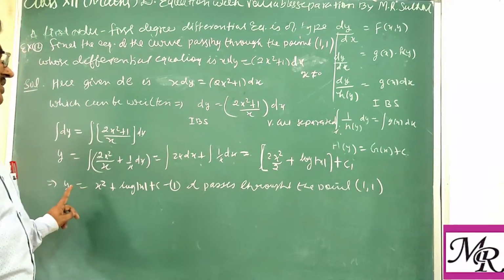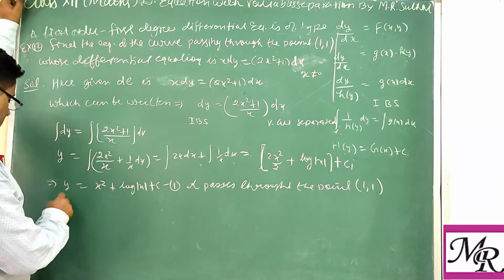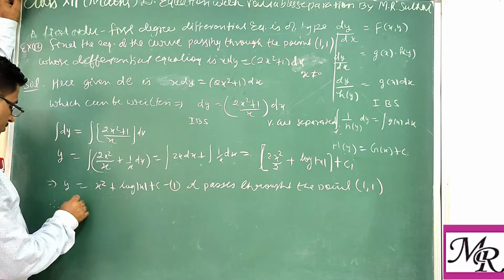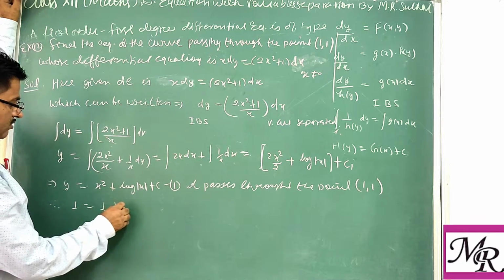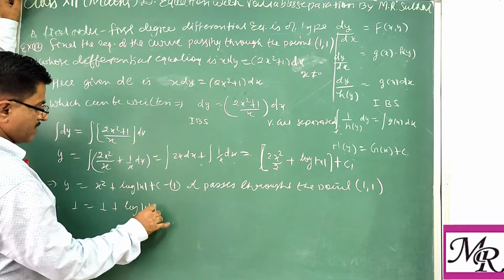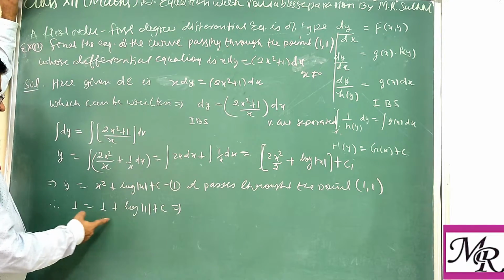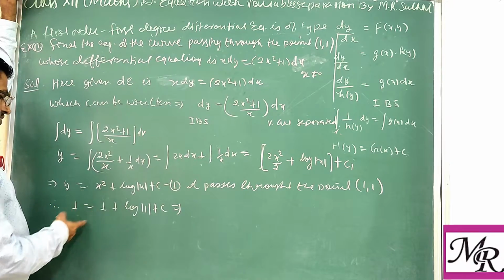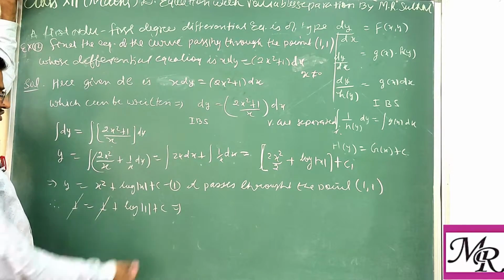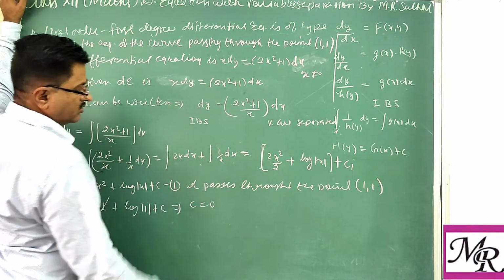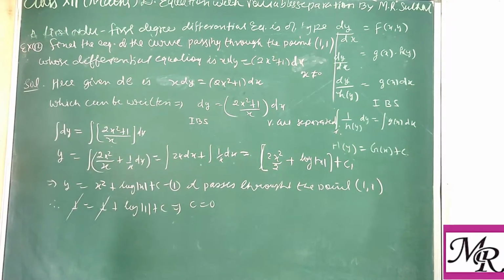So dear student, here we put y equal to 1, x equal to 1: 1 = 1² + log 1 + c. We know that the value of log 1 is 0. So 1 and 1 are cancelled, so c equals 0. So we get the constant as 0.